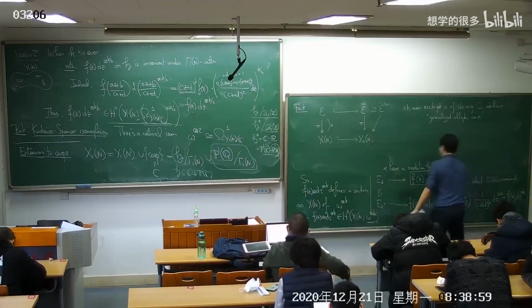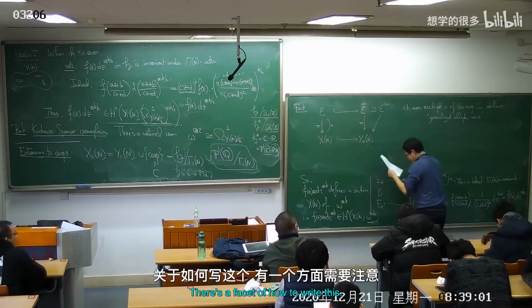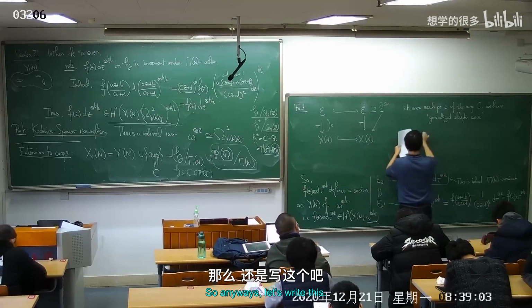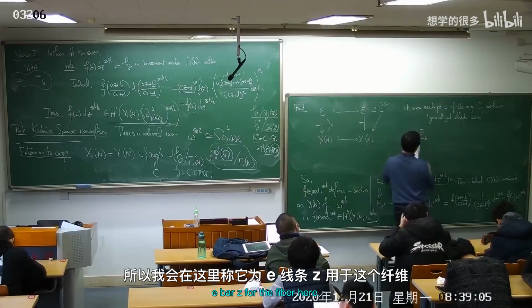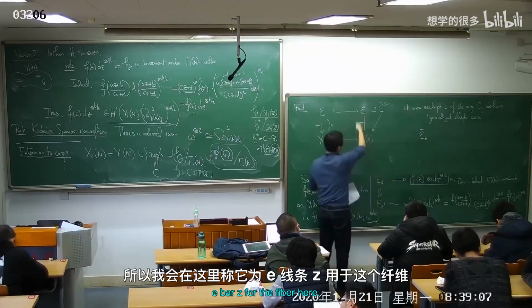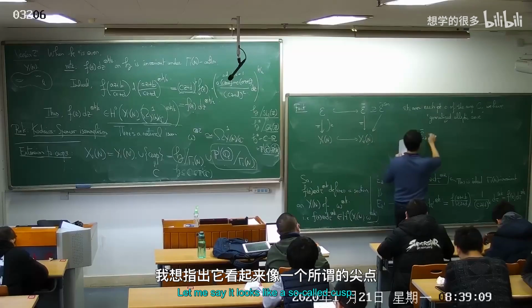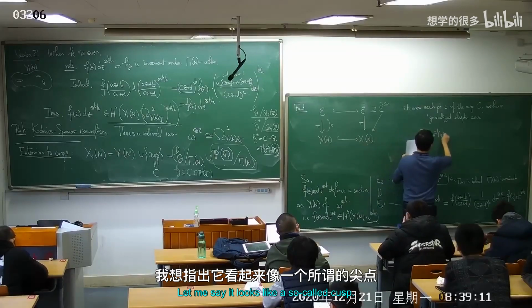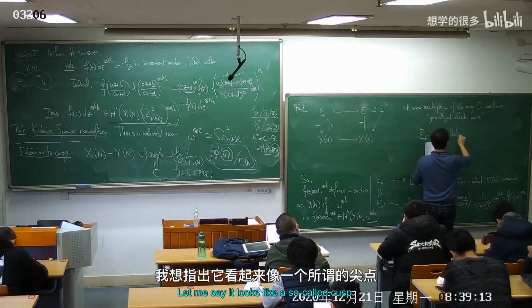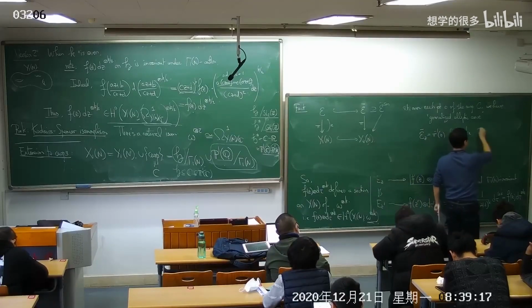How should I put this? I'm a little hesitant about how to write this, so anyways, let's just write this. I'm going to call it E bar for the fiber here. It looks like a so-called cusp.